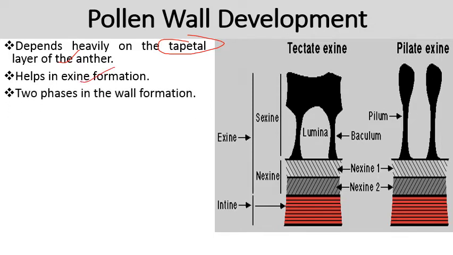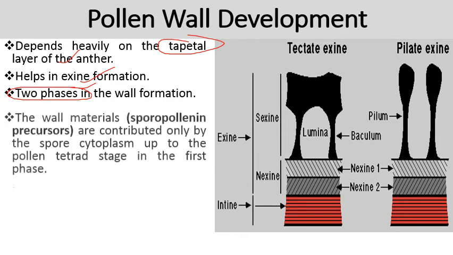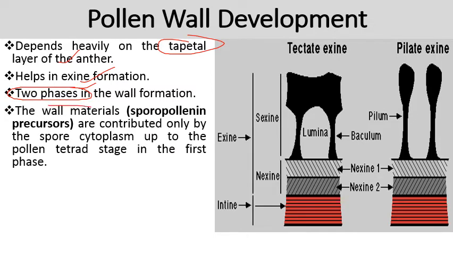There are two phases in wall formation. दो phases होते हैं pollen wall formation में. The first one involves wall material जिसमें sporopollenin का precursor आता है, contributed only by the spore cytoplasm. जो spore cytoplasm है उसी से बनता है ये.